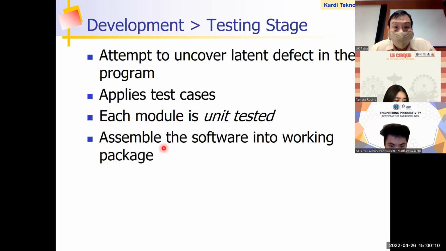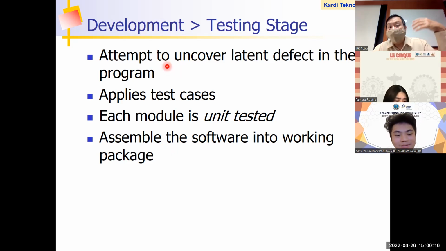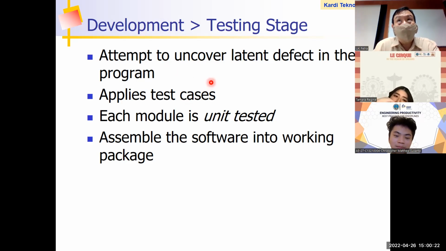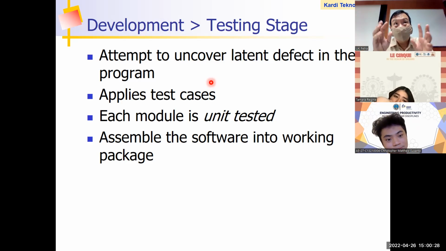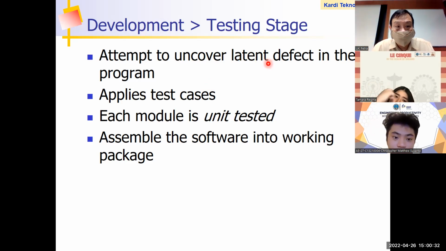Okay, and testing. You attempt to uncover the possible defects in the program. So the most possible problems in the program, that is the one that you test. You don't test everything, but you just think of the latent defects that you can.